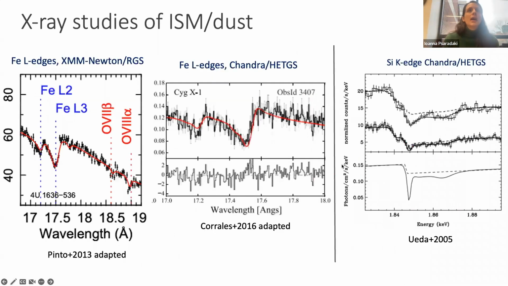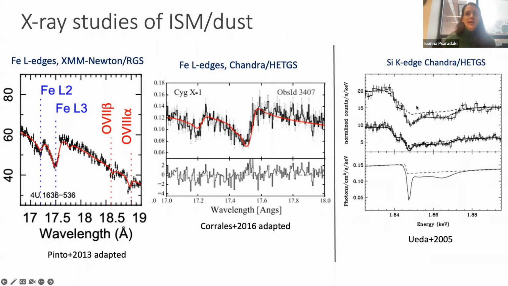Iron L edges have also been studied extensively. Again, this is an XMM-Newton spectrum with a dust absorption model, and later, using Chandra HETG spectra and including the scattering component of extinction, there were further studies about that.